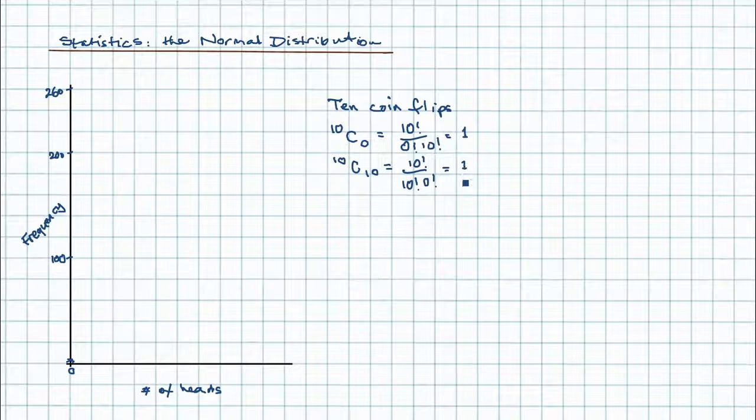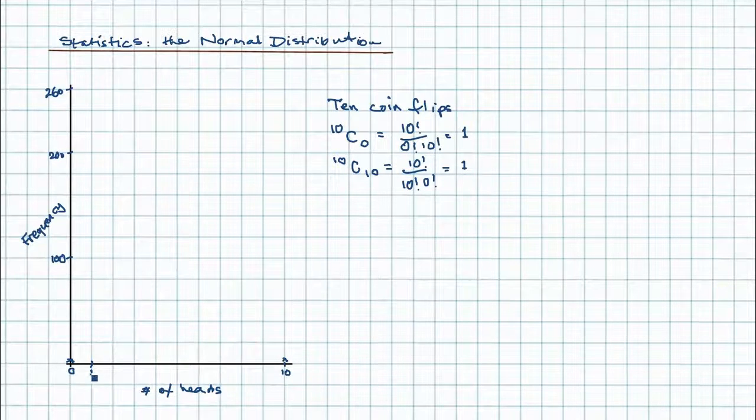And so already we can see, if this is 10, our central tendency, we're going to have very small numbers at the edge of our normal distribution, and in the middle here we're going to expect a very high frequency.